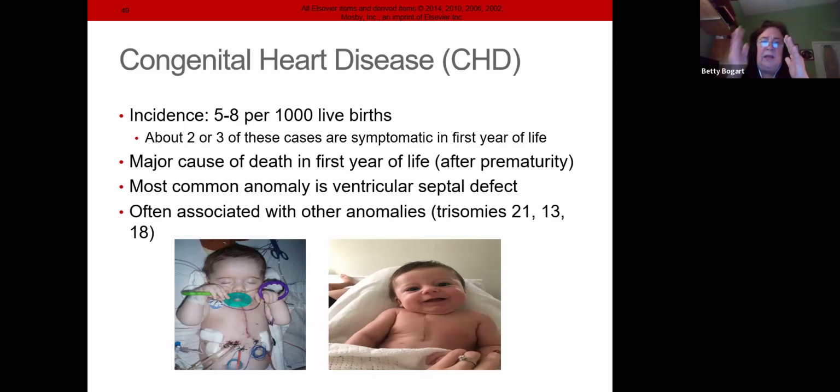The septum between the right atrium and left atrium, if there's a hole, that's an ASD, an atrial septal defect. If there's a hole in the septum between the lower chambers, the right ventricle and left ventricle, that's a ventricular septal defect. And if there's either of them, you're going to hear it.